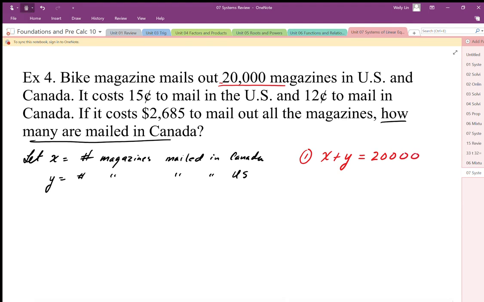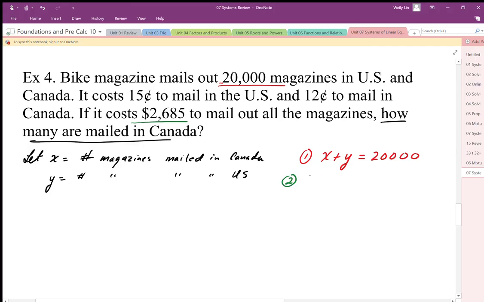Our second relationship is going to be the money. How do we calculate the total amount of money being spent? The total amount is $2,685, based on 15 cents for every US magazine and 12 cents for every Canadian magazine.